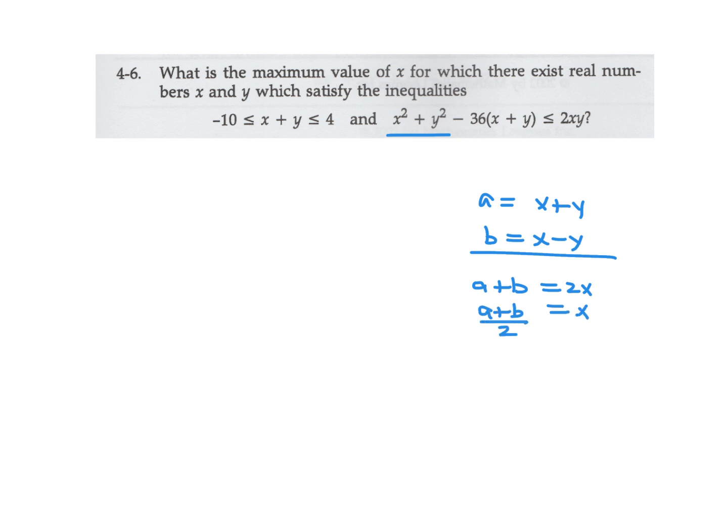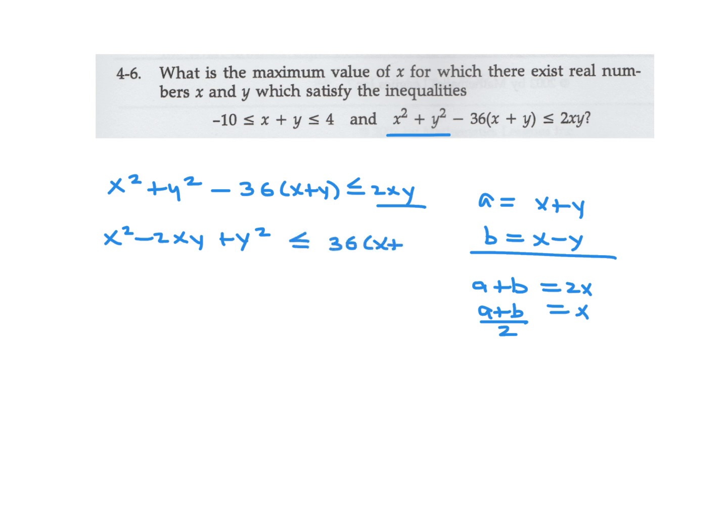Now take the second one, x squared plus y squared minus 36 times x plus y is less than or equal to 2xy. If I bring this guy over, that looks very similar to something I know, and I can factor it: that's x minus y squared.